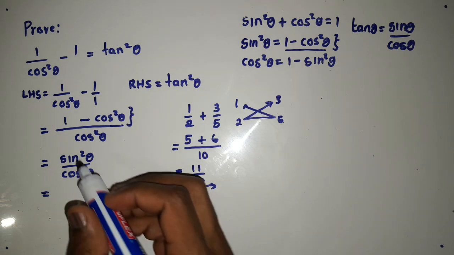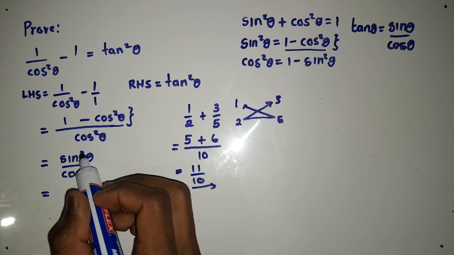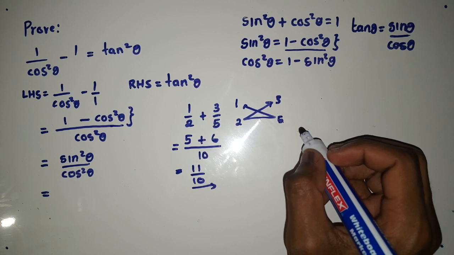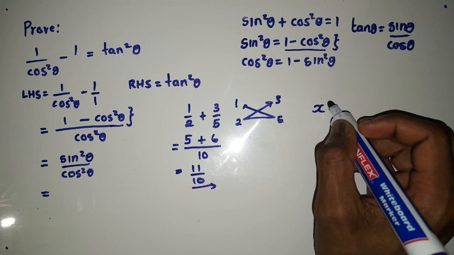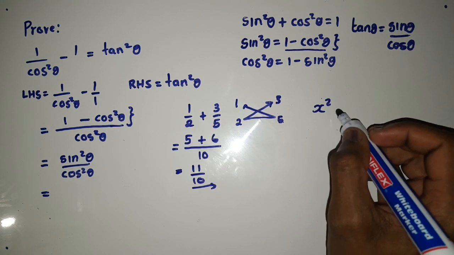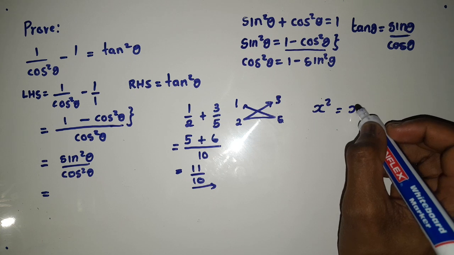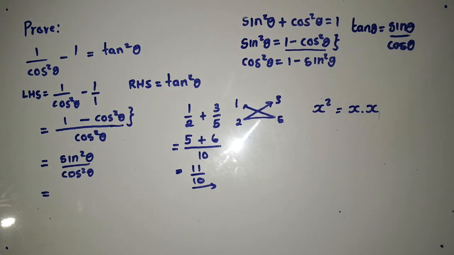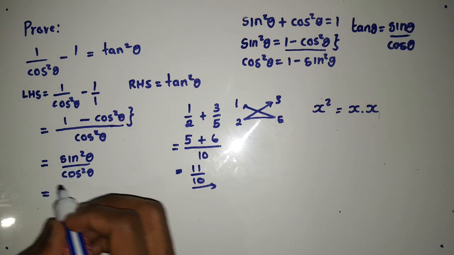Let us look. Both our ratios consist of squares. It's like if I were to ask you to expand x squared, you say x multiplied by x. Same applies to this one.